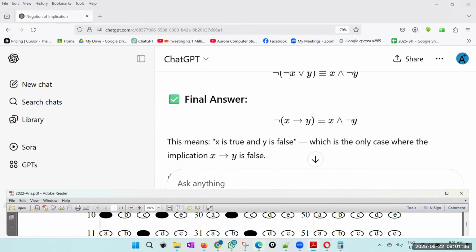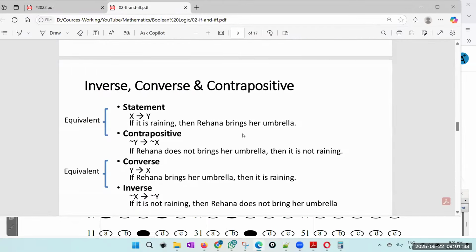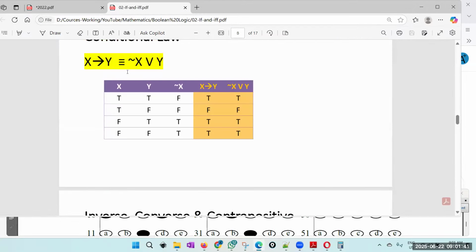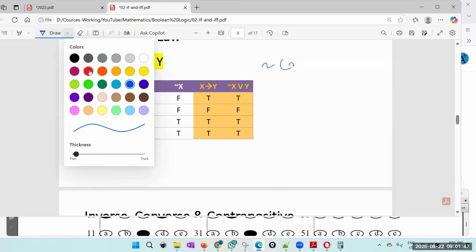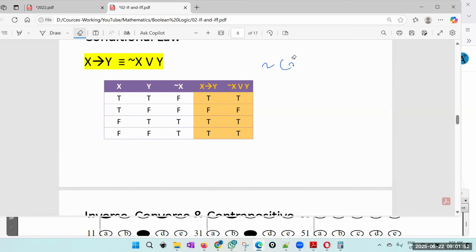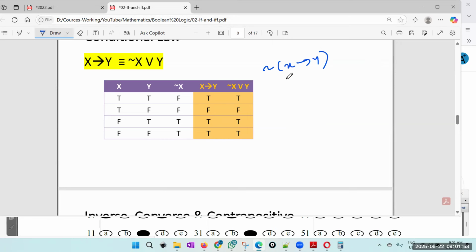So negation means not (X implies Y). And we know that X implies Y is not X or Y, right? So not (not X or Y).